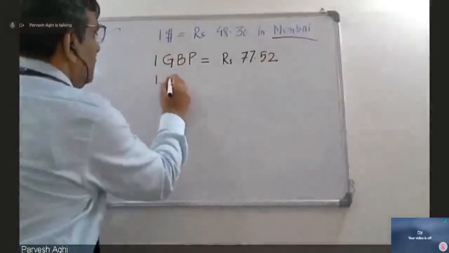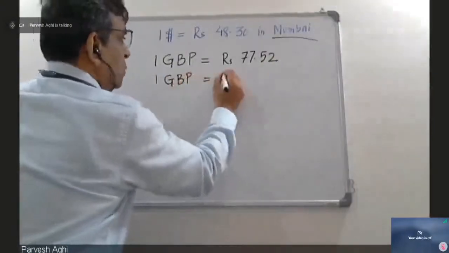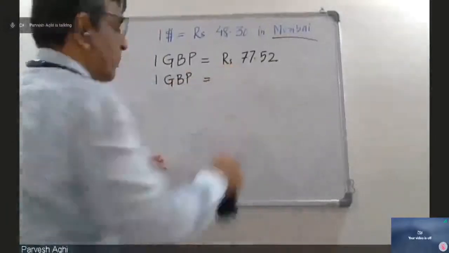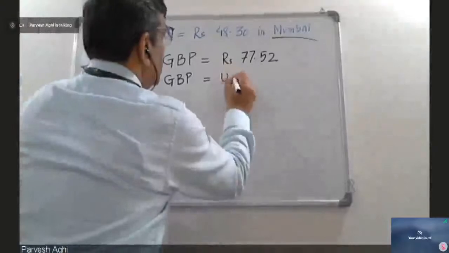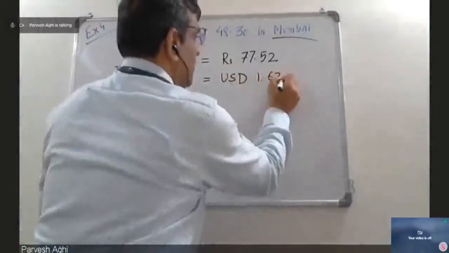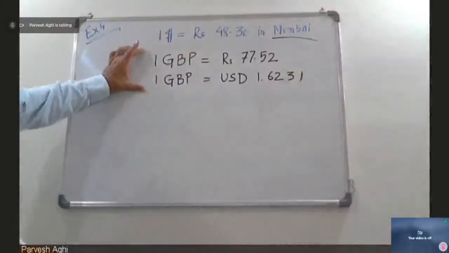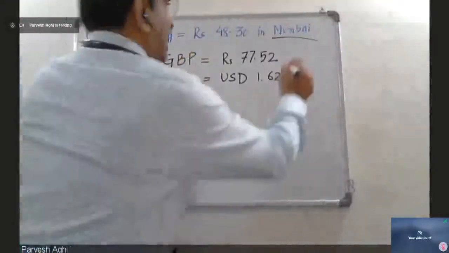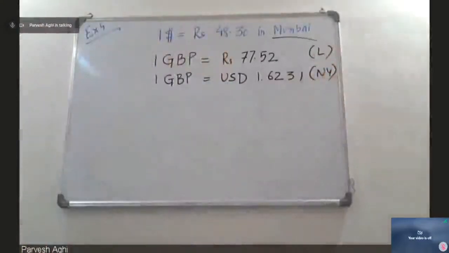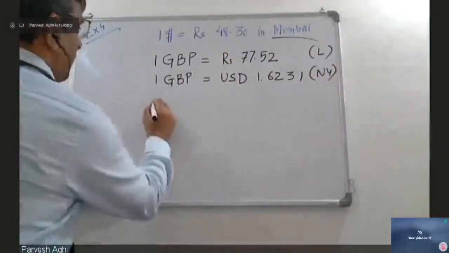Second, it is given that 1 GBP is equal to US dollars, USD, 1.6231. Okay, so these 2 things are given to me. This is actually given in London and this is in New York. Okay, fine.